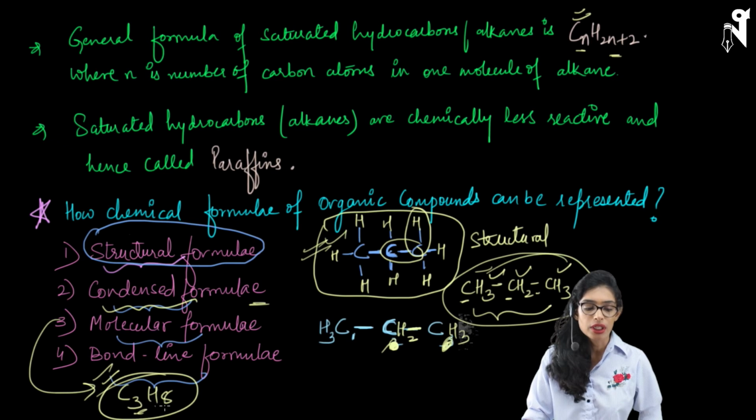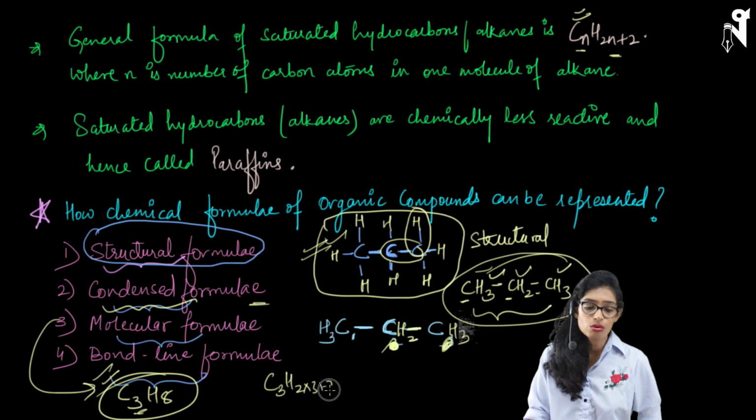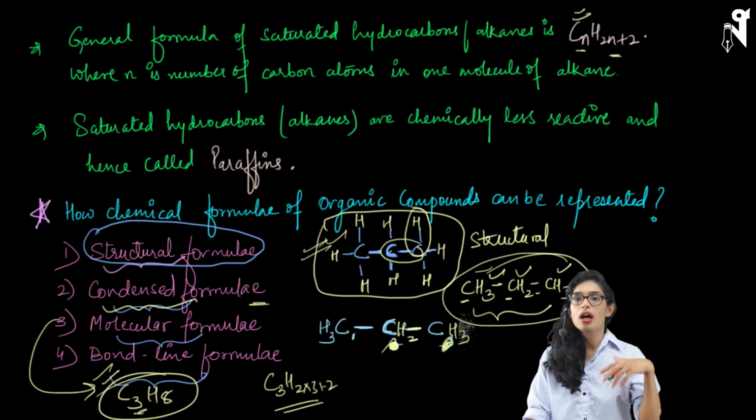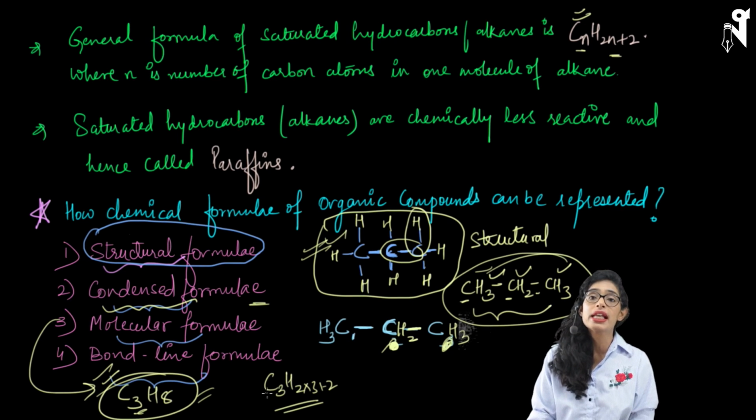So here n is 3, so basically it is following the general formula of an alkane. It is 3, 2 into 3 plus 2, hence this is an alkane. So here you need to do a little smarter maths to figure out whether the given compound is an alkane, alkene or alkyne. Though I have not spoken about alkene and alkyne yet, the behavior remains the same.